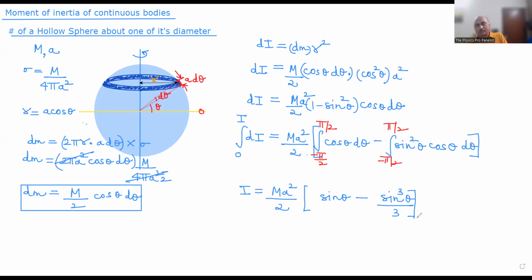So this is minus pi by 2 to plus pi by 2. Now substitute the values. Sine pi by 2 is 1. First I'm substituting pi by 2. Minus 1 by 3. Minus sine of minus pi by 2 is minus 1. This is plus 1 by 3.